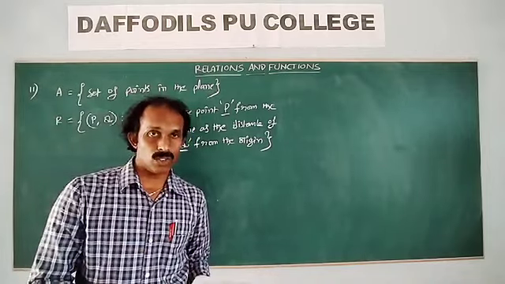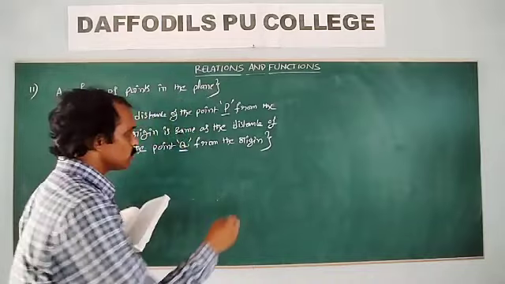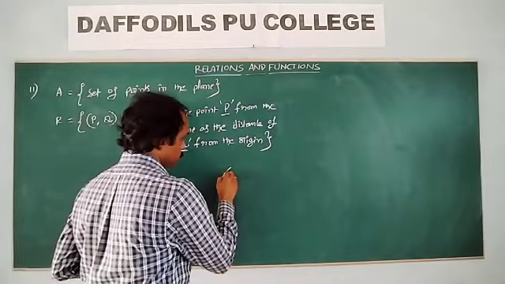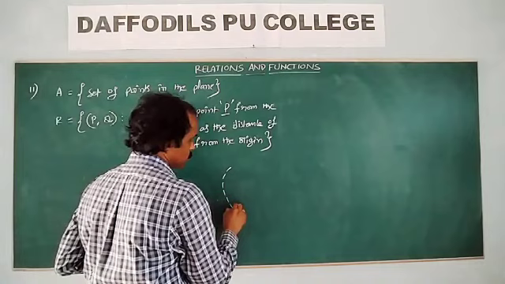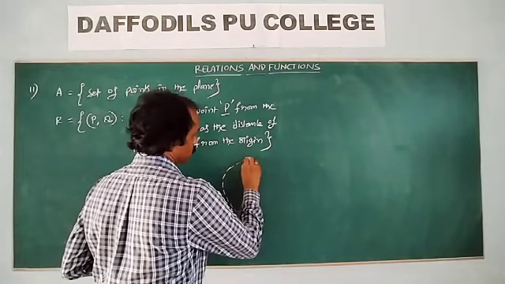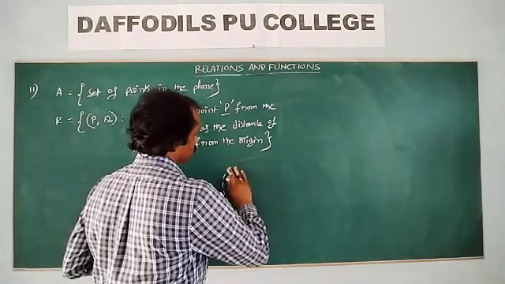P means not equal to 0, 0. Right. Suppose this is the circle.